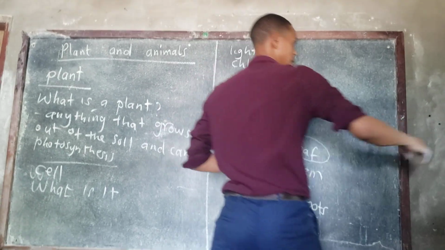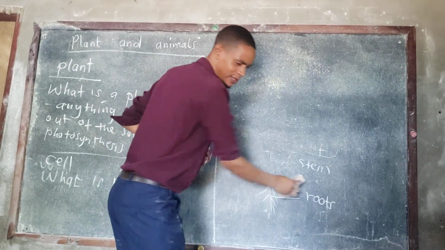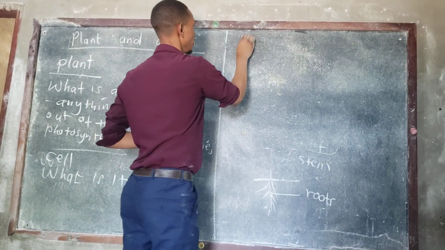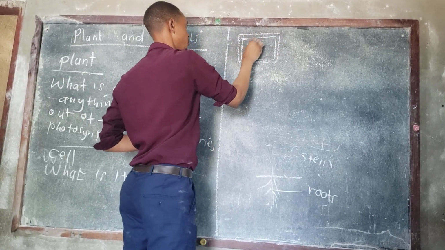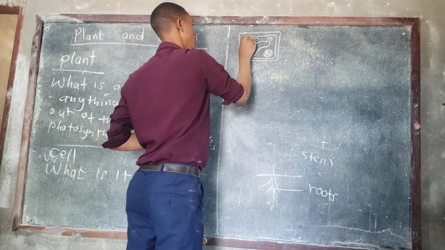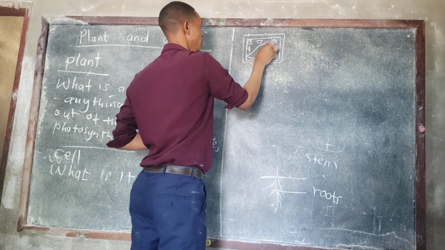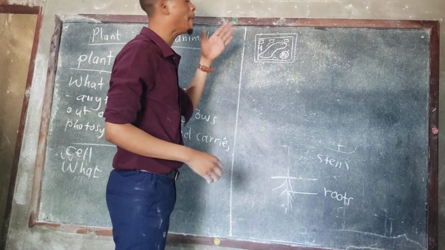So let's look at the first one, which is called a plant cell. Here is a plant cell. Others call it a parasite cell.